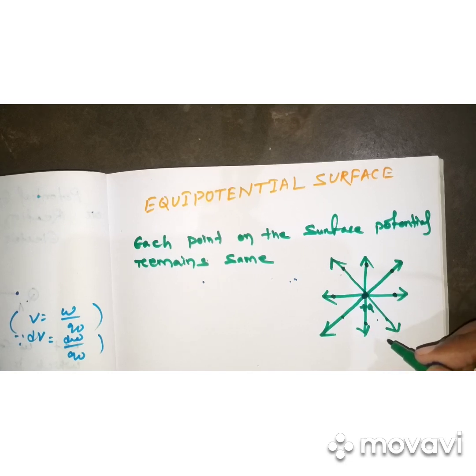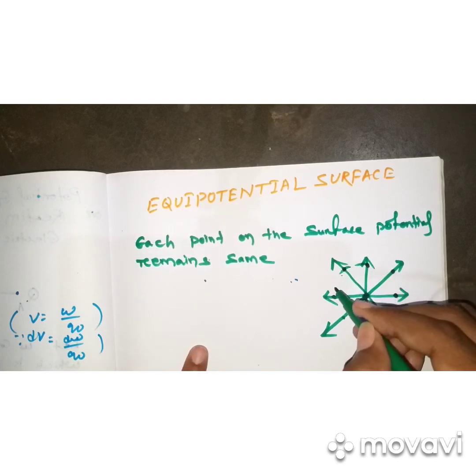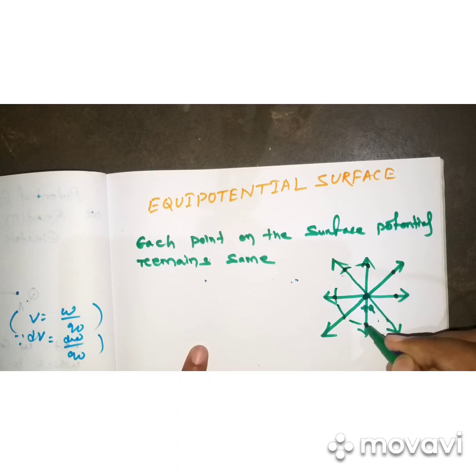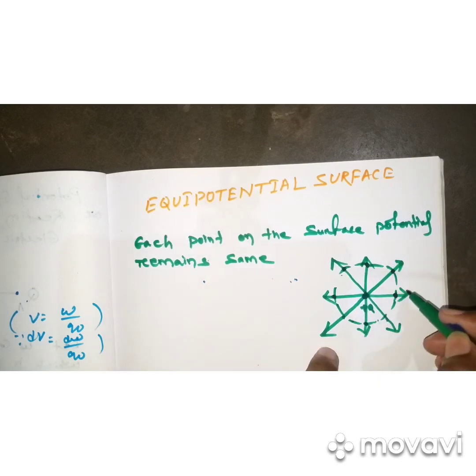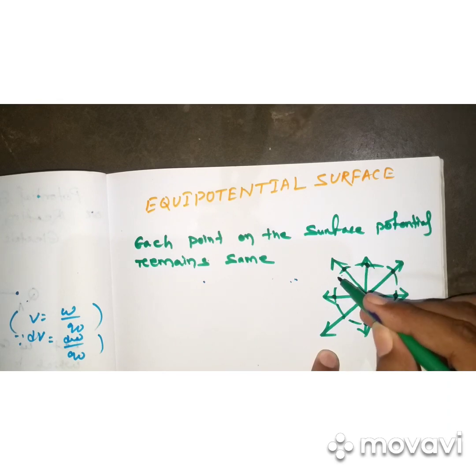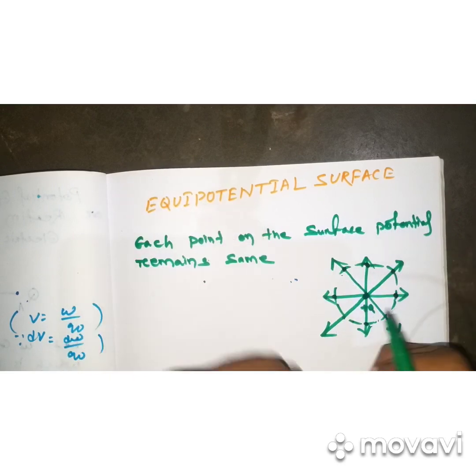Equipotential surface is an imaginary surface. So here you draw this surface. In three-dimensional view, it is a spherical surface, and it is also an imaginary surface. Each point on that surface, the potential remains constant, that is also 10 volts.